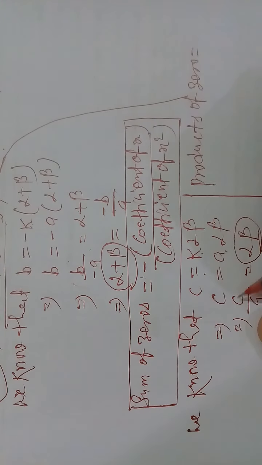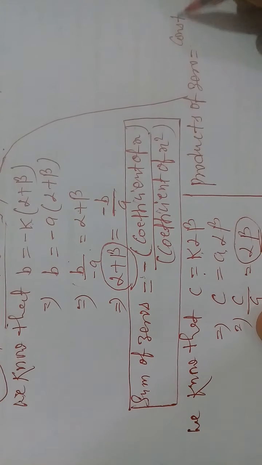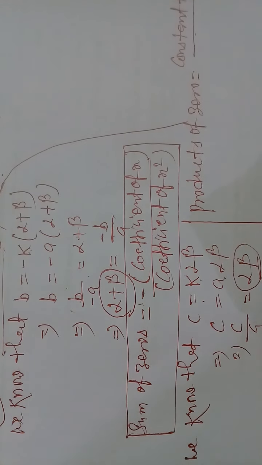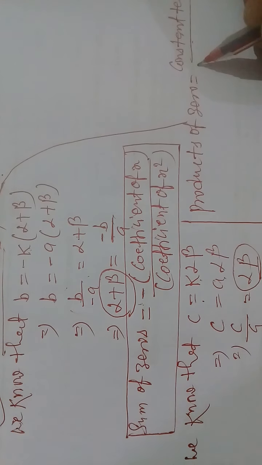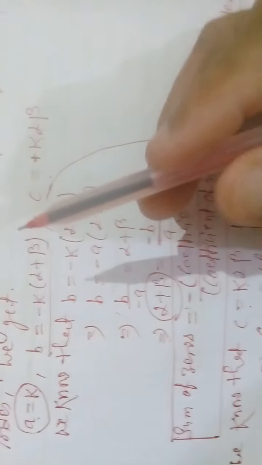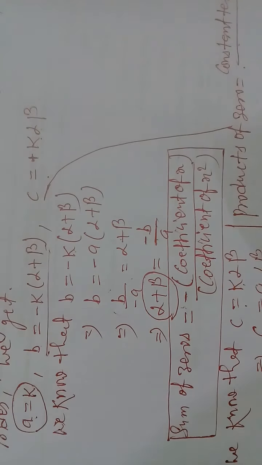And a is the coefficient of x square. So product of zeros equals constant term by coefficient of x square.